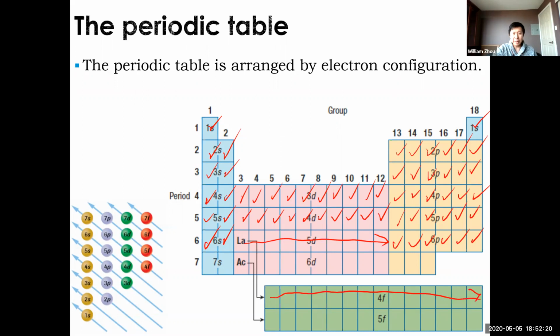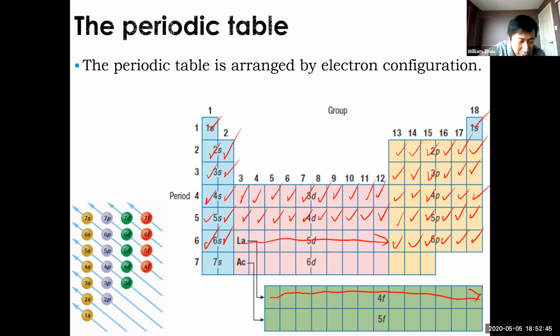If you don't like this for some reason, there's another method on the left side. If you just write out all the orbitals, 1s on the bottom, higher up you have 2s, 2p, and then 3s, 3p, 3d, and then all the 4s, all the 5s, all the 6s, all the 7s aligned together, okay? And then you start drawing diagonal arrows from bottom right to top left.